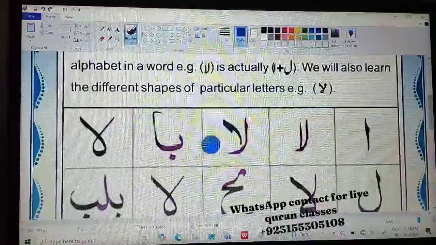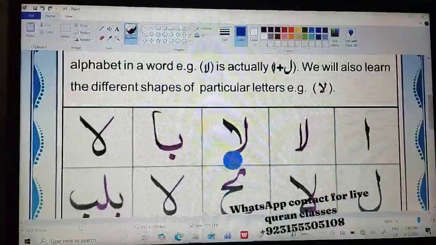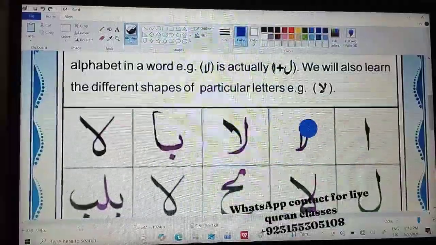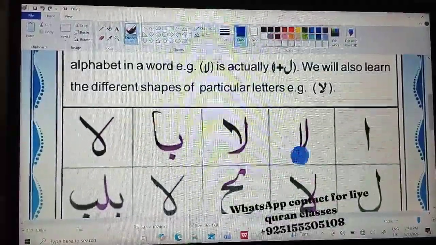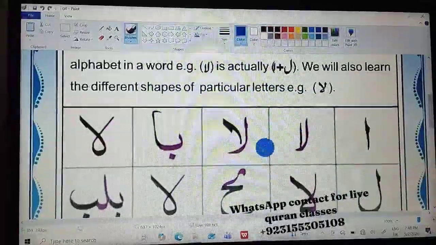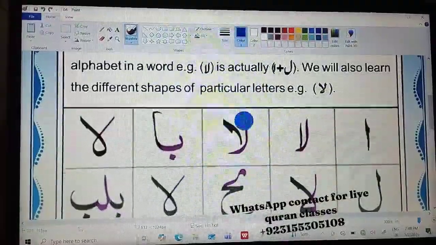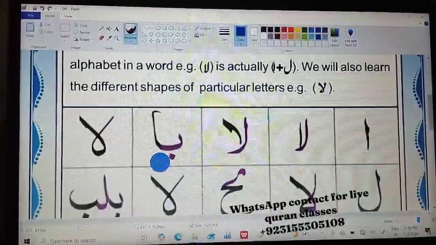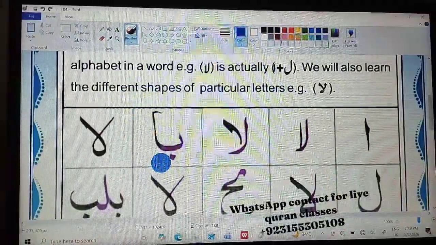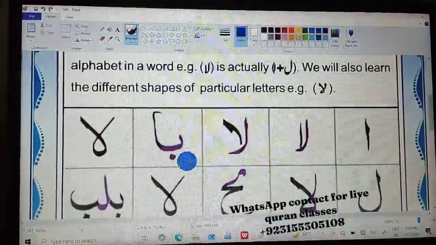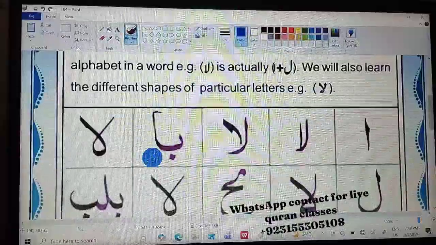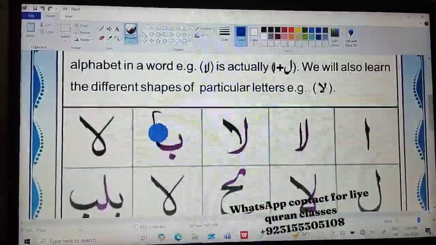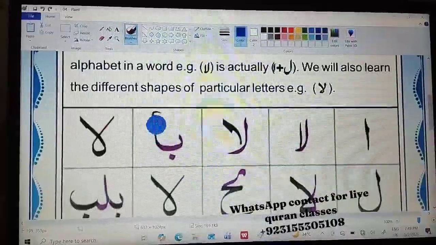The shape is a little bit different, but the pronunciation of these two is the same. And the next one, this is Ba Alif. You see the red one till this one is Ba, and the black color is Alif.